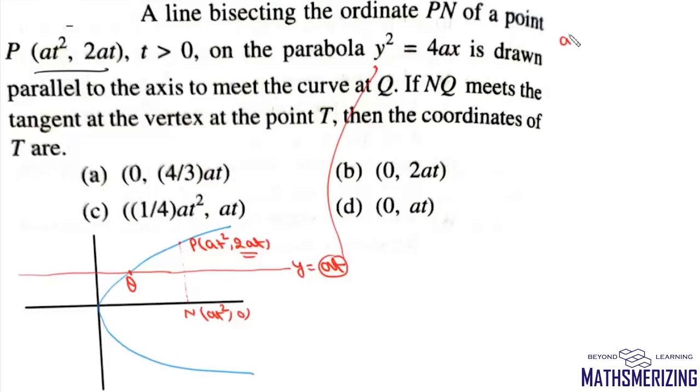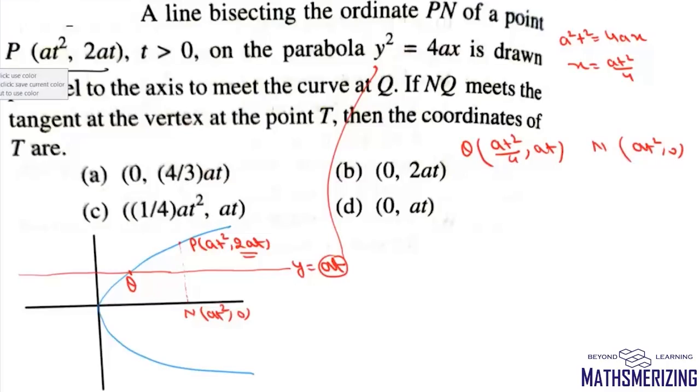So it'll be a square t square equals 4ax. So x in this case will be at square by 4. So coordinate of this point Q will be at square by 4 comma at, and coordinate of N is at square comma 0.